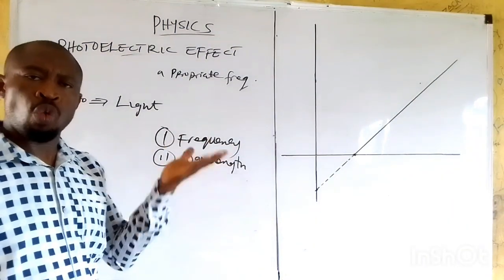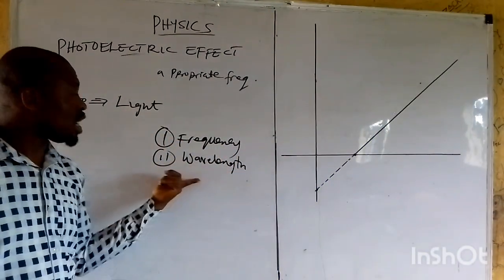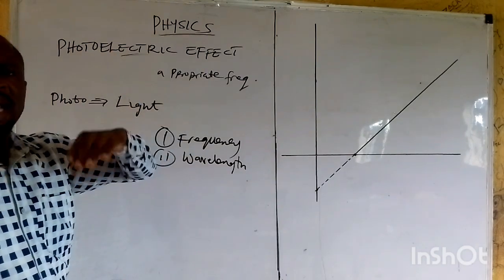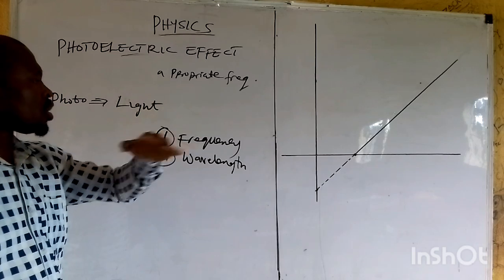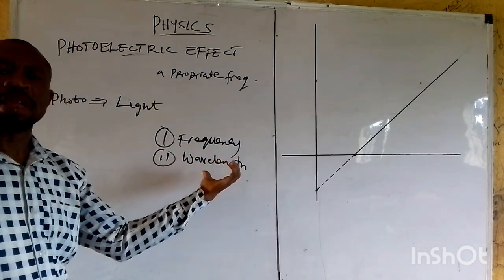No electron will be emitted. For electrons to be emitted, the wavelength must reach a certain threshold.